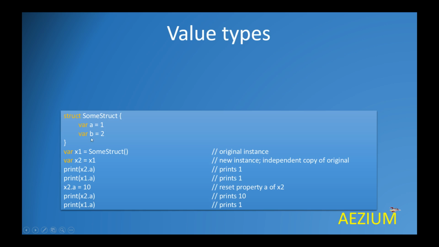So x2 will also have two properties called a and b, and the values are going to be 1 and 2.